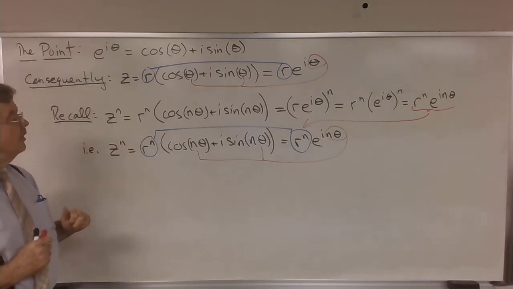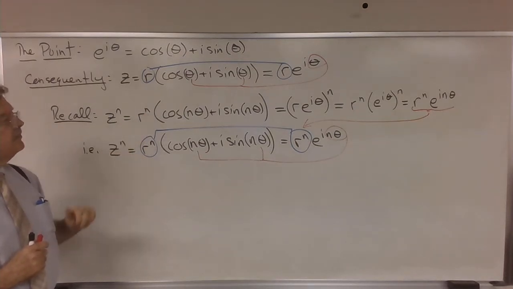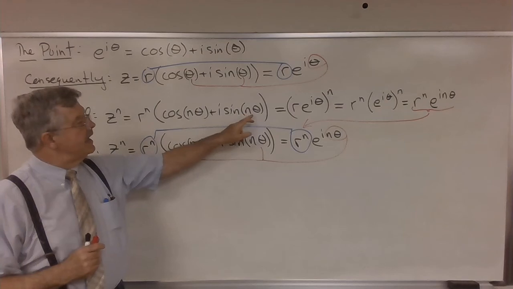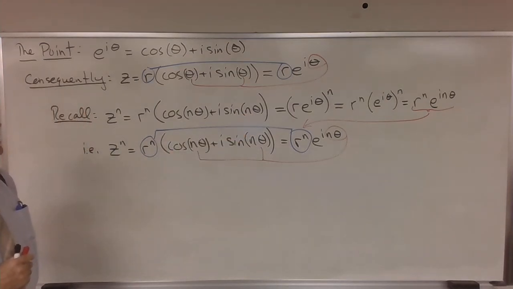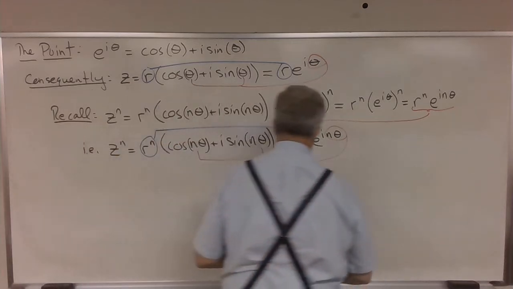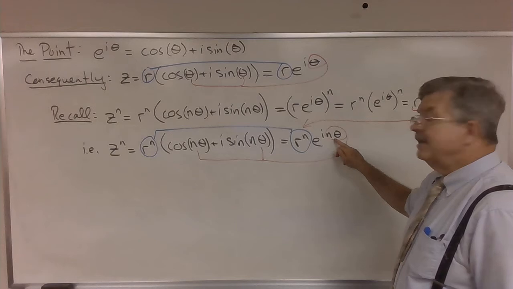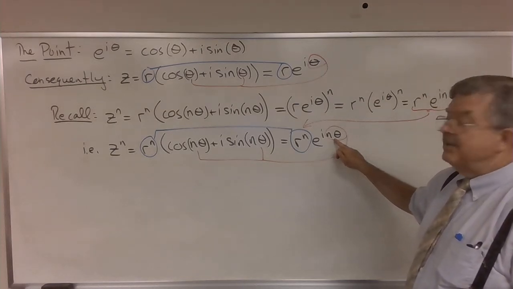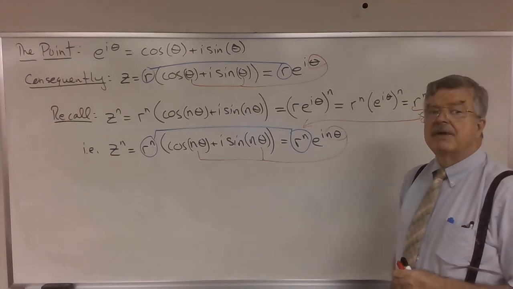In polar form, we raise the modulus to the power, and we multiply the angle by n. In exponential form, we raise the modulus to the power and multiply the angle by n. Perfectly consistent with what we already know.